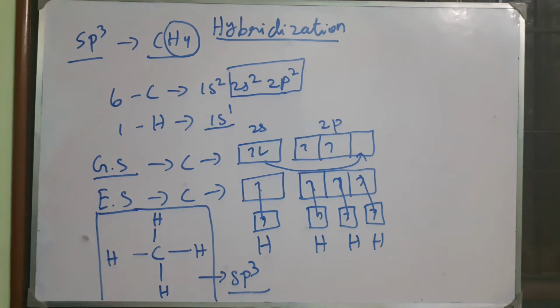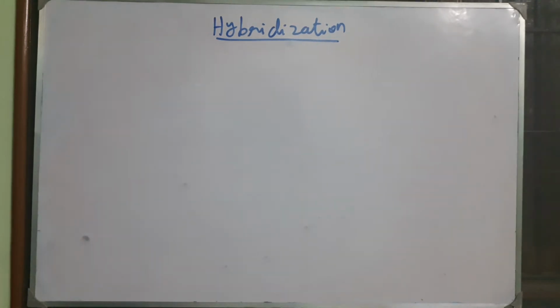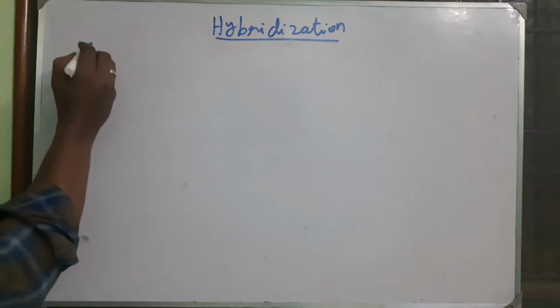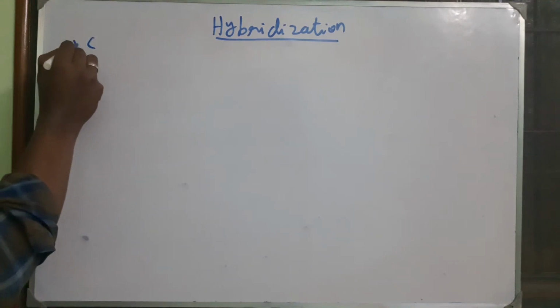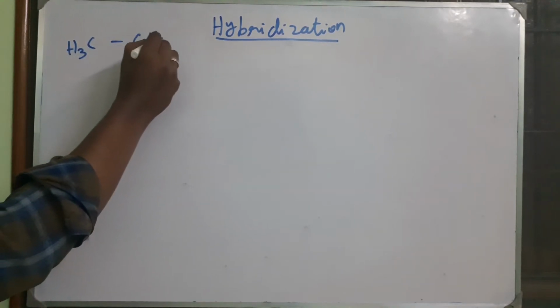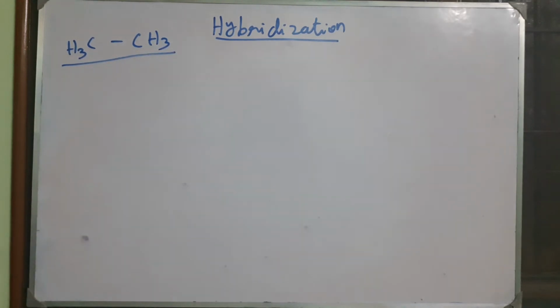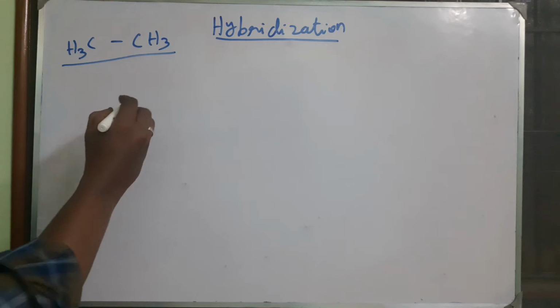I will give another example for you. Next I will give the ethane compound. Methane is easy, only one carbon and hydrogens. If you take ethane, it is the same concept. First we have to write the electronic configuration of all the atoms.